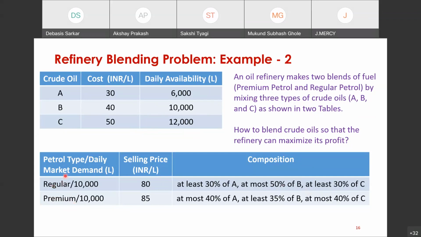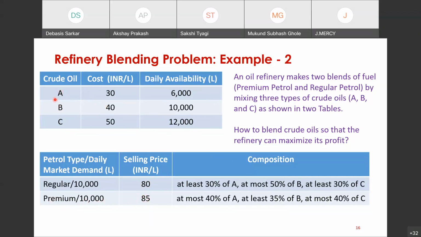okay. So what are the data? The market demand is at least 10,000 liters. The price for regular petrol is INR 80 per liter, and for premium it is 85 INR per liter.